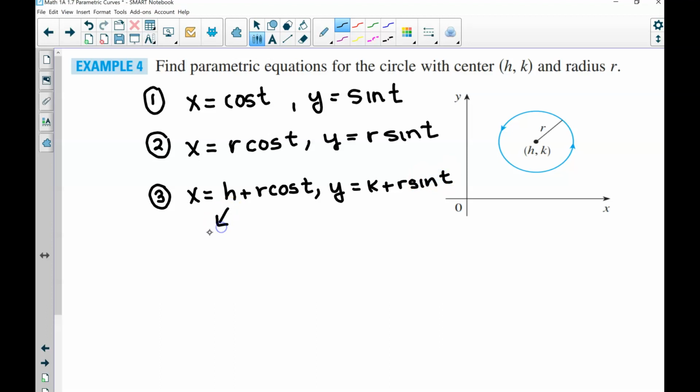Because for h, you're shifting in the x direction, so that means either the left or the right direction. And then for y, you're going to shift up or down, so that means you're going to shift in the y direction.